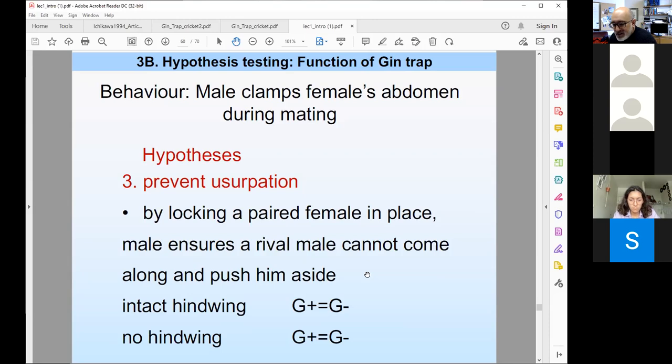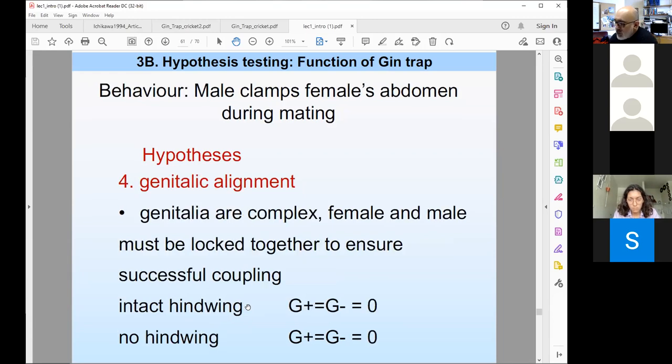So it doesn't really test this hypothesis, but we would expect that if this is the case, then mating success of males with and without the gin trap should be equal, regardless of whether males have an intact hindwing or no hindwing, because they don't have any male in the experiment trying to knock the female off. So it doesn't really test it. So everything should be equal.